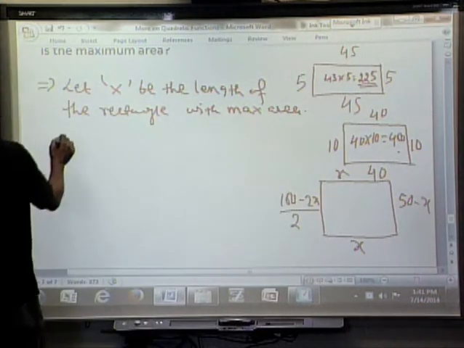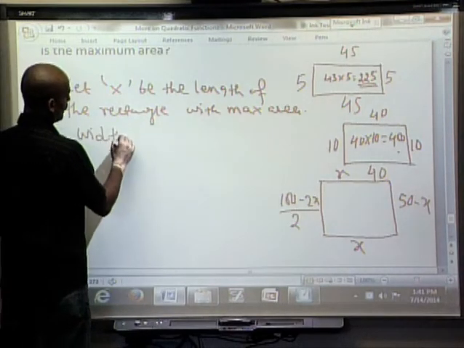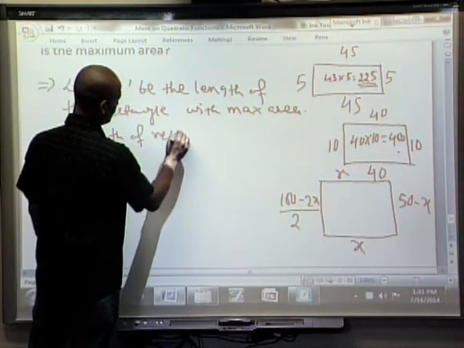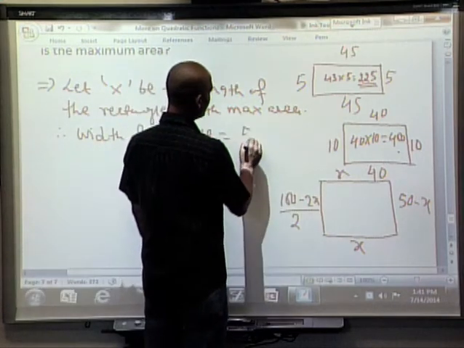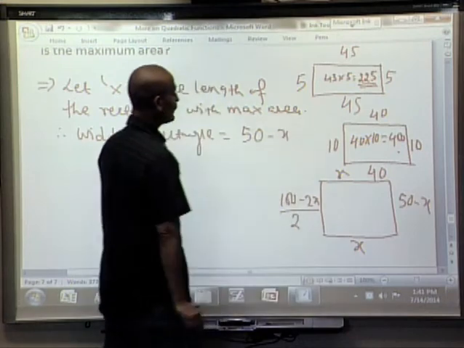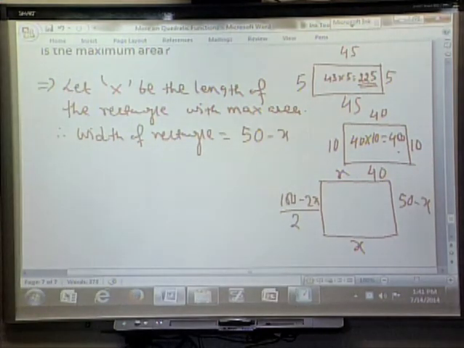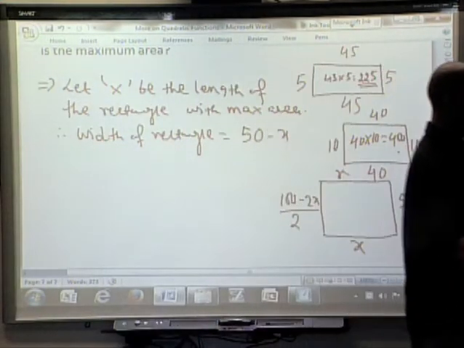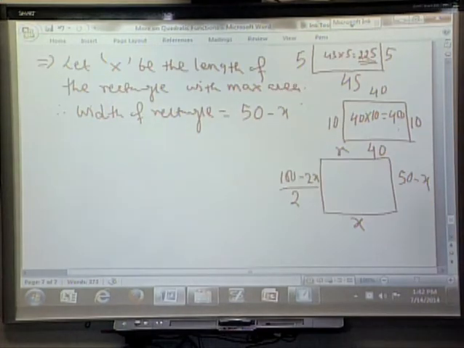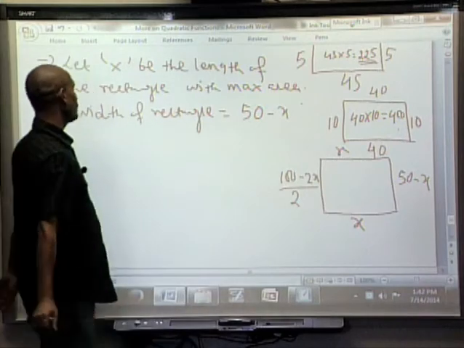Therefore, the width of the rectangle is 50 minus x, because by adding all 4 sides we have to get 100 meters, which is the total fencing material we have. So, now there is a rectangle whose length is x and width is 50 minus x.